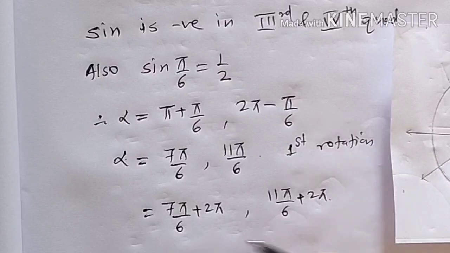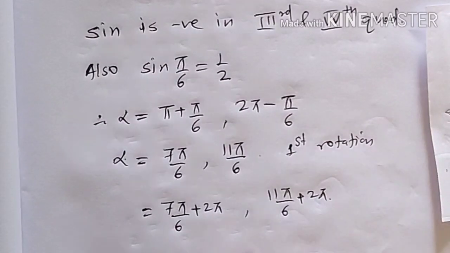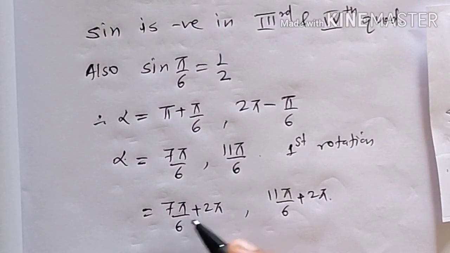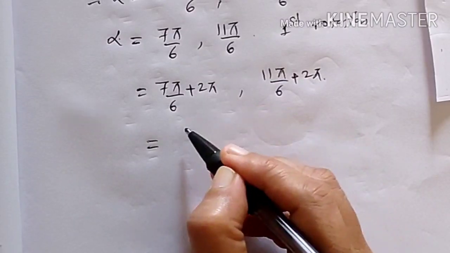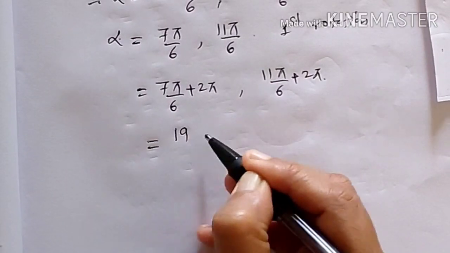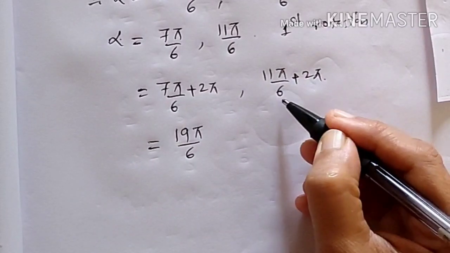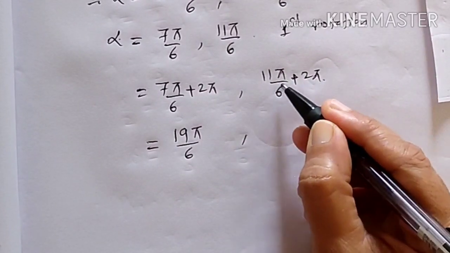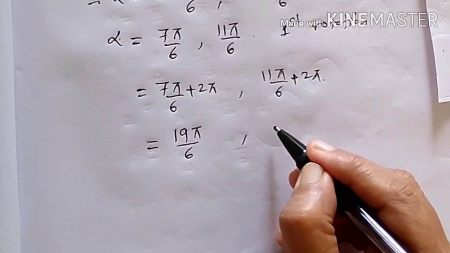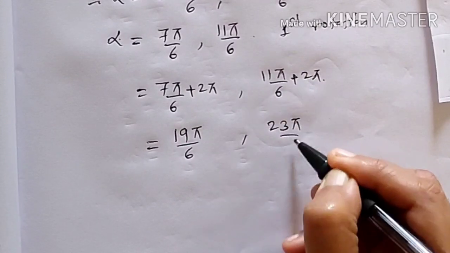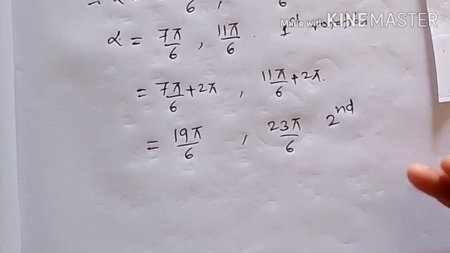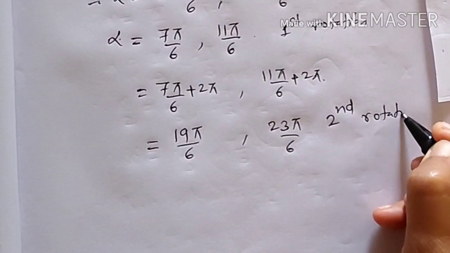That means in the second rotation we get 19 pi by 6, and 23 pi by 6. These values are possible when we consider the second rotation.